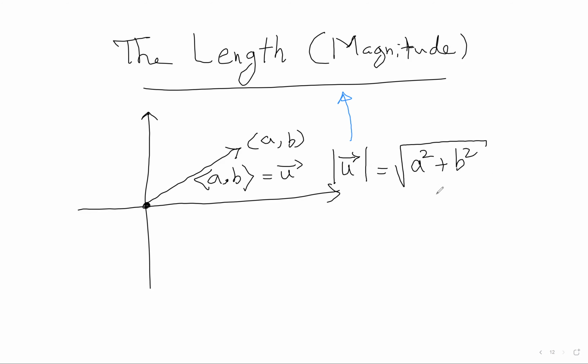In this case, it is the square root of a squared plus b squared. Or I could have written this definition as: the length of the vector (a, b) is equal to the square root of a squared plus b squared.